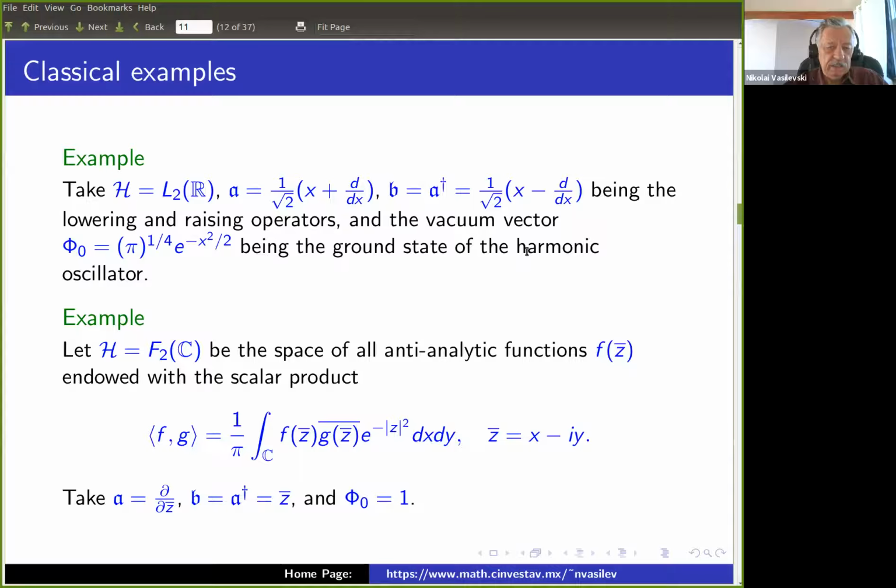Operator B is again A dagger, adjoint to A, multiplication by z bar. Oh, sorry, I would say A should be the derivative with respect to z, and A dagger multiplication by z. And the vacuum vector, the function phi naught, is equal to 1.